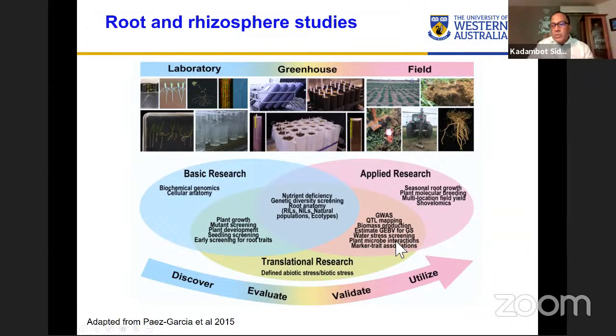This is quite important because it's not just the roots alone. The soil is surrounded by numerous microbes: bacteria, actinomycetes, fungi, rhizobia, beneficial and non-beneficial. Ultimately, I think we need to go for marker traits or QTLs so that we don't need to dig roots each time. The breeders will not do that. So that's where the concept comes in. I like this figure very much because it really encapsulates the idea in one slide.